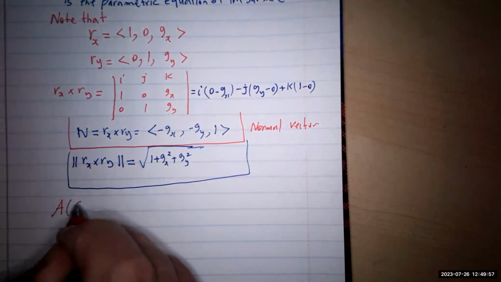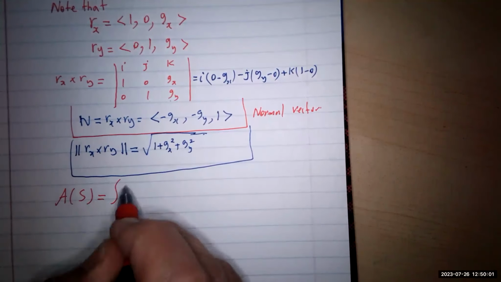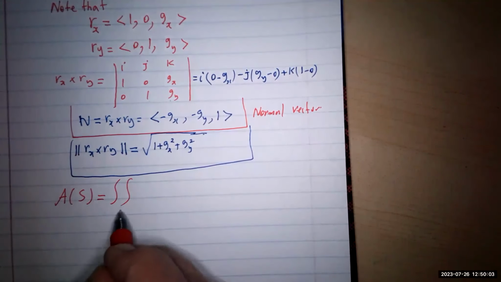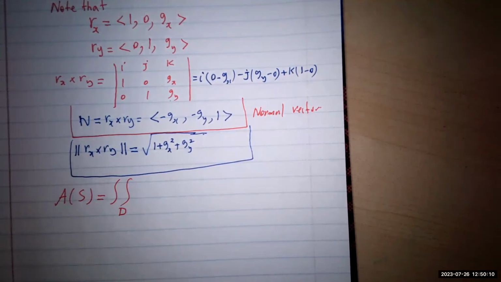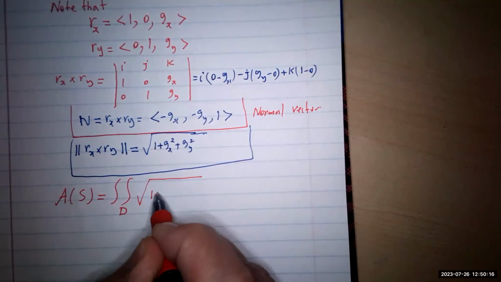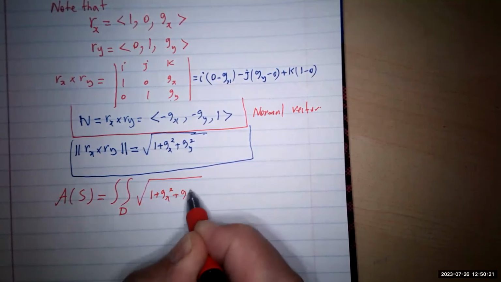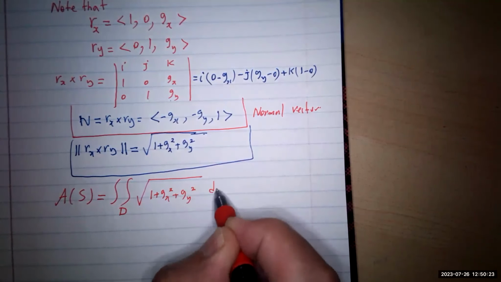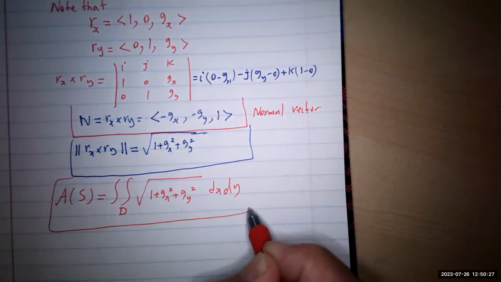The area of this surface is going to be a double integral on the domain D of the norm, similar to the norm of r prime that we did before. You can be sure that it's going to be the same as here. So it's going to be the square root of 1 plus g sub x squared plus g sub y squared, integrating with respect to y and with respect to x.